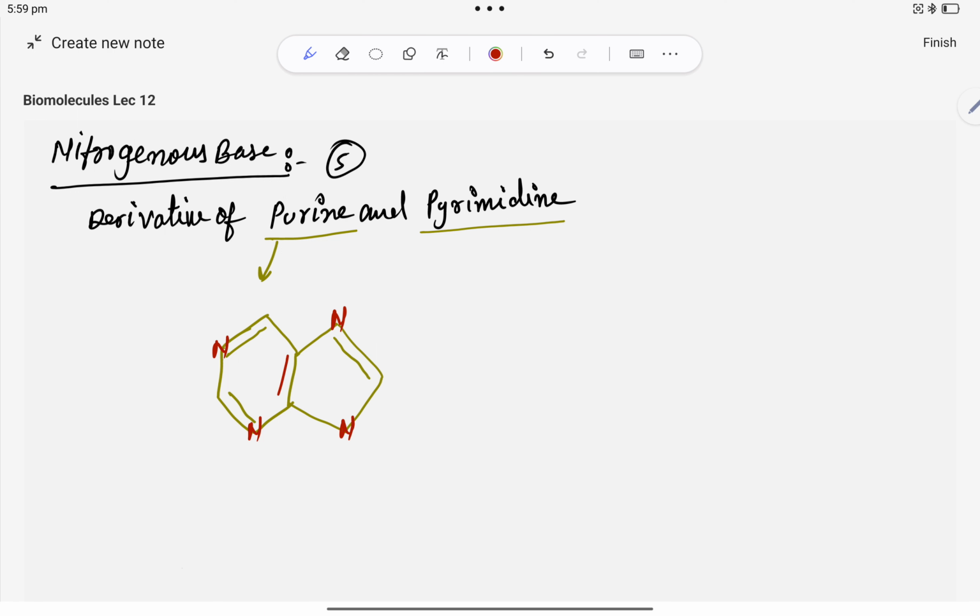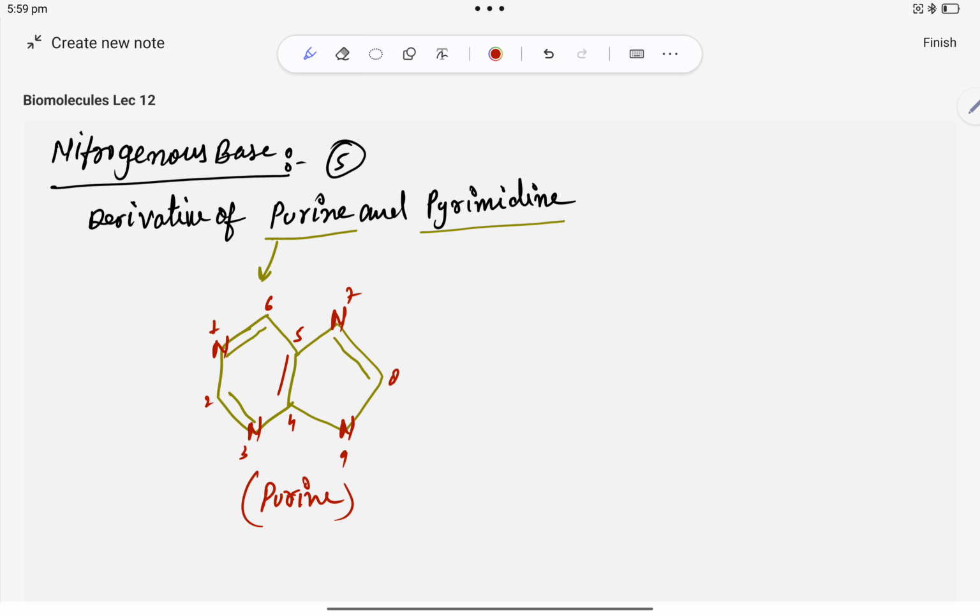So number 1, 2, 3, 4, 5, 6, 7, 8, and 9. This is the purine structure, children.